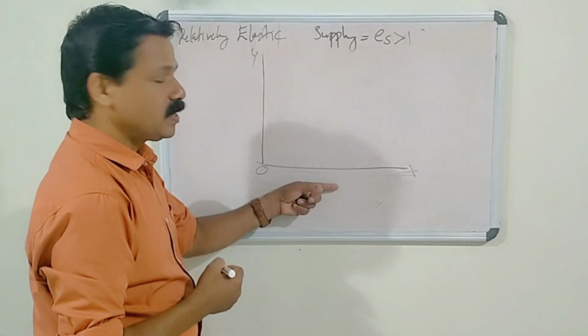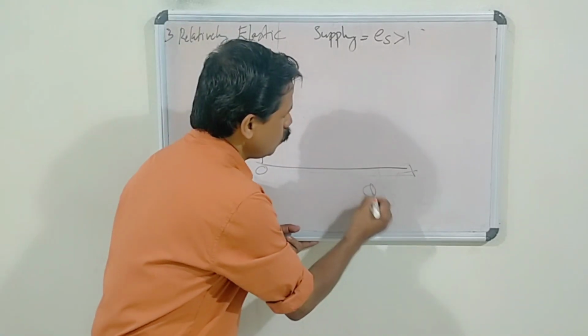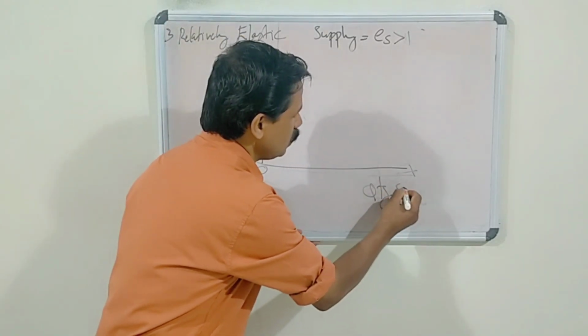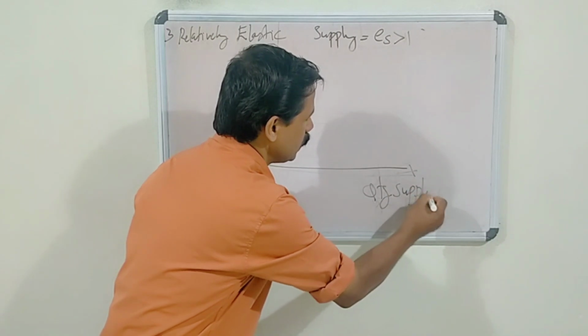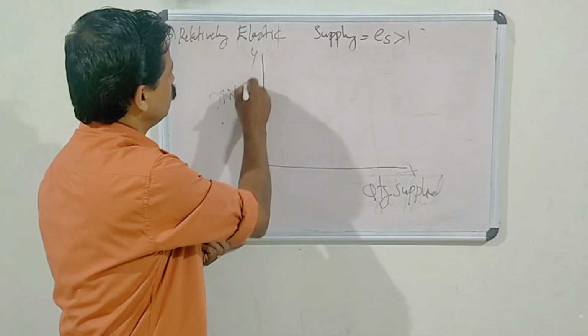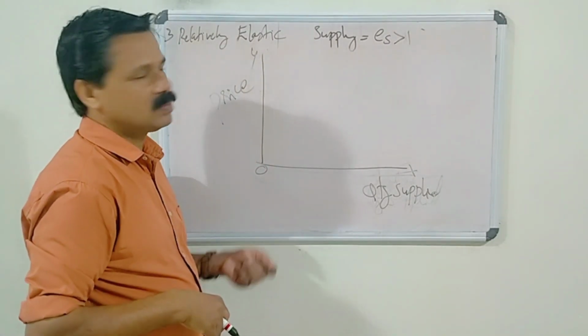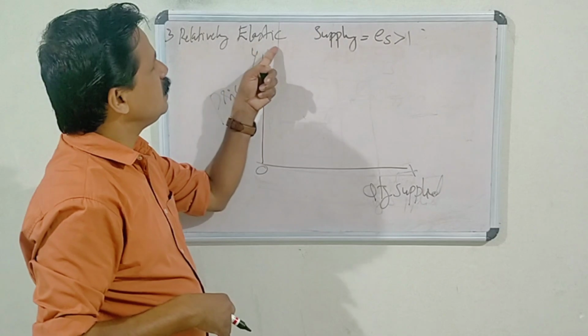In this figure also, the x-axis represents the quantity of the commodity which is supplied, and the y-axis shows the price. Our point here is relatively elastic supply.